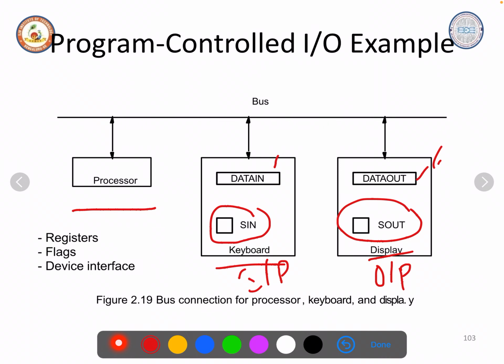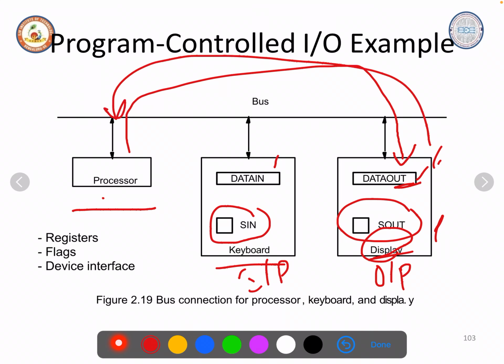Suppose the processor has to send data to the display unit. First the processor will send the data to the display unit, and that will be stored in the data out register. Then the processor keeps waiting for the display unit status, whether the data has been received correctly or not. If it is received, then it sends the second character.